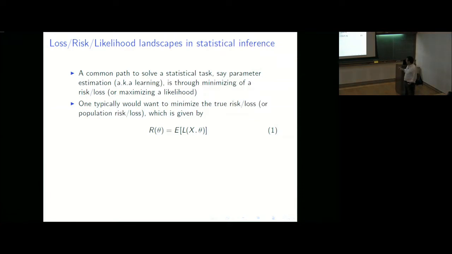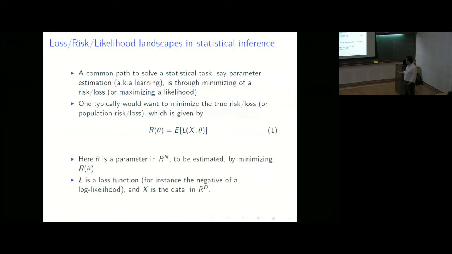So you minimize risk or loss, sometimes called the true risk or the population risk, which is usually given by the expectation of a loss function L of x and theta, expectation here being taken on x, right? And then here theta is a parameter, I will choose it to be in dimension n. This is what you want to estimate.